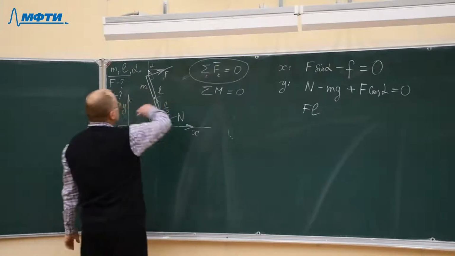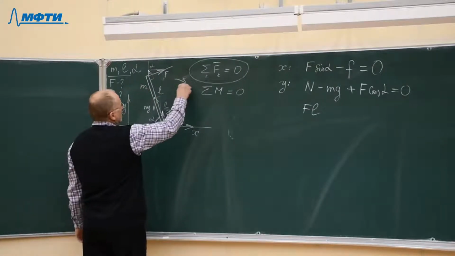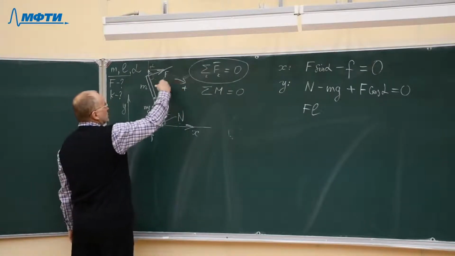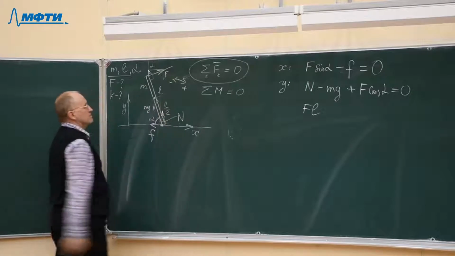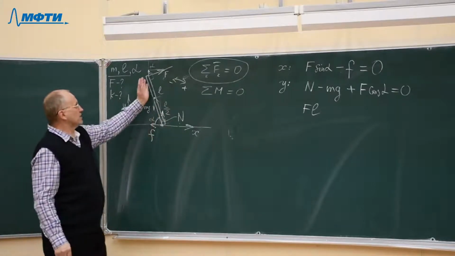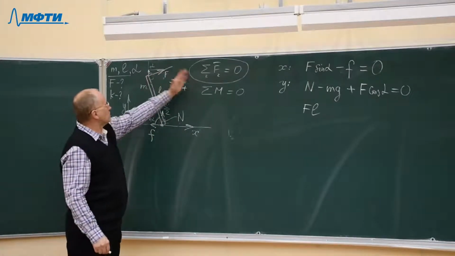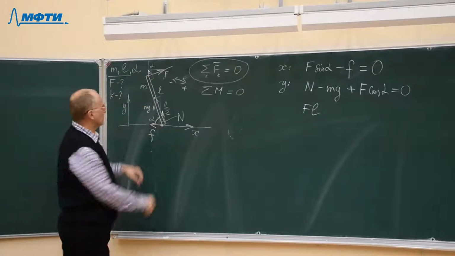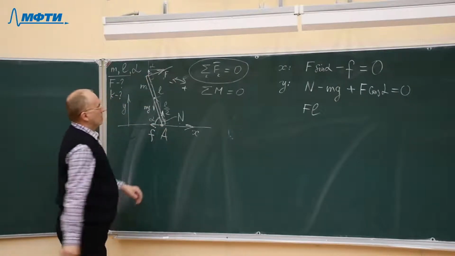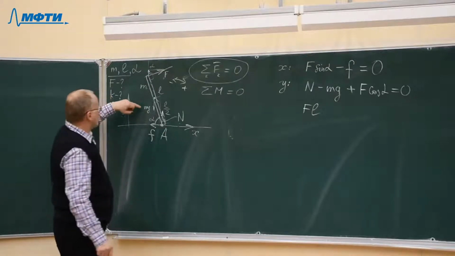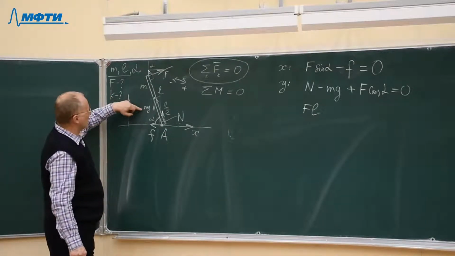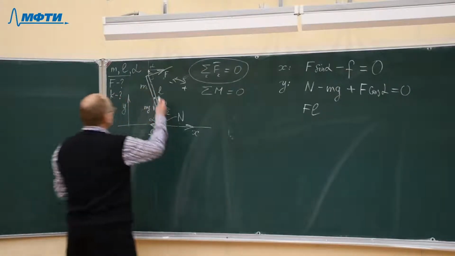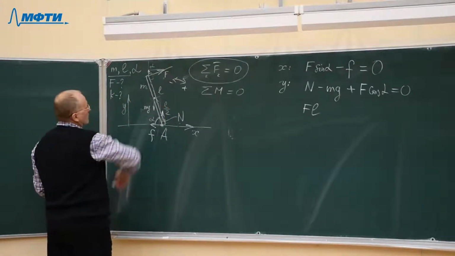Clockwise direction will be chosen as the positive direction of rotation, and the opposite direction will be chosen as negative. So the force F tends to rotate the rod in clockwise direction about this point A. And the force of gravitational attraction, mg, the weight, tends to rotate the rod in counterclockwise direction.